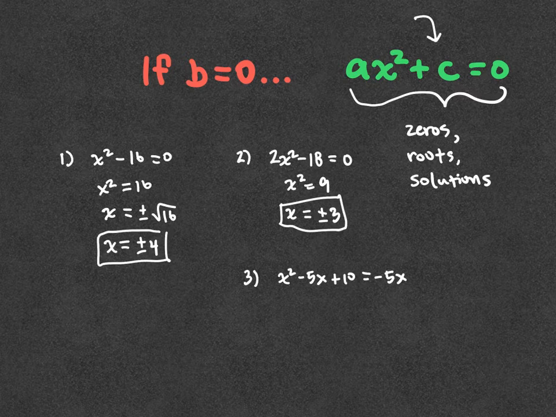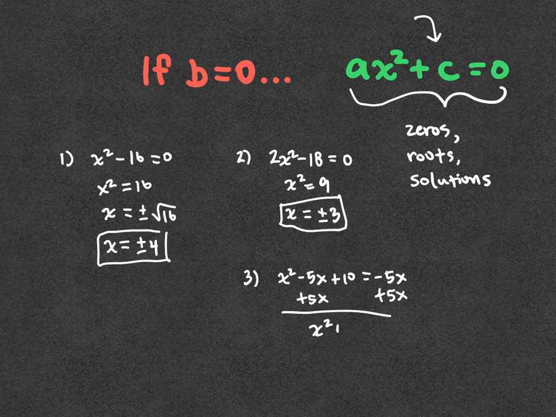So I'm going to add 5x to both sides. And what you'll see happens is that the linear term disappears. Okay, now when I subtract the 10, so this is my second step, I'm going to subtract 10.